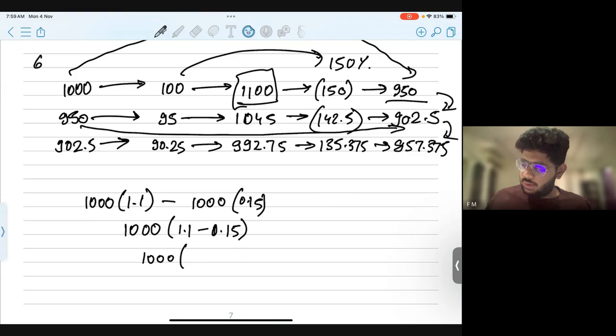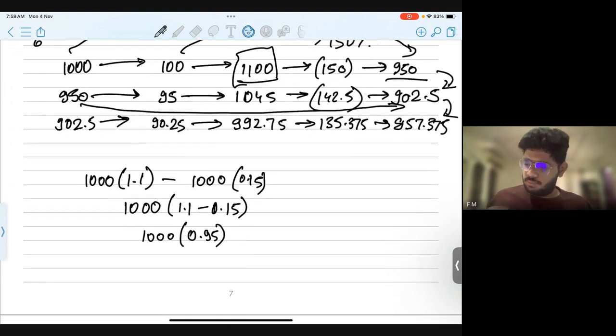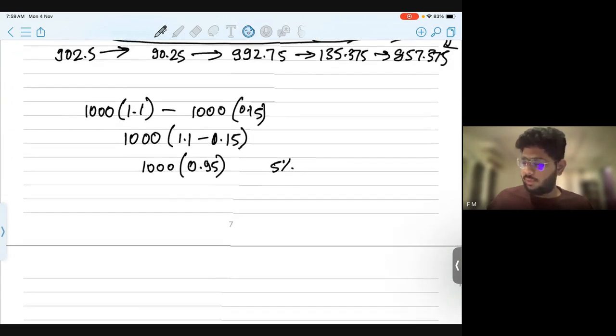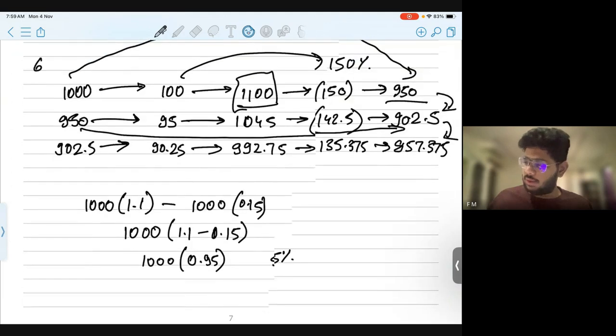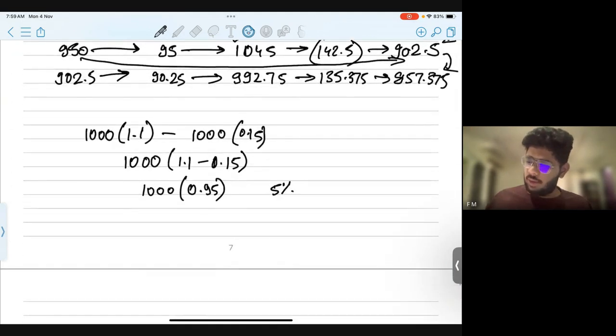So it is finally reducing by 5% every year. And again, by now, even if you don't remember the question, you should have been able to figure this one out, because the logic is apparent.